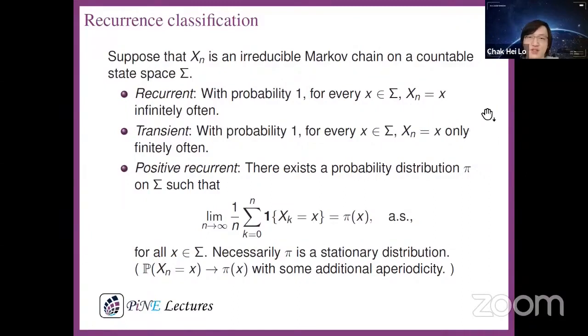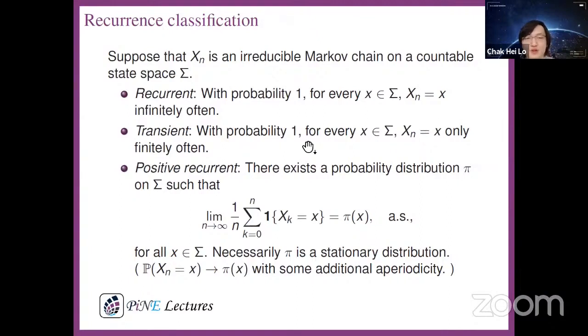What this means is for any fixed point x, this process Xn will keep on coming back to this point. In fact, this is a class property. If it visits one point infinitely often, then it will visit all the points infinitely often because the Markov chain is irreducible.